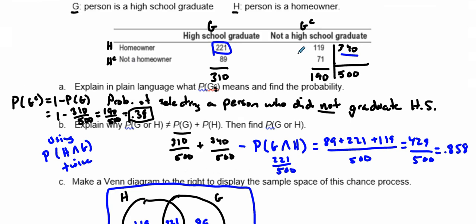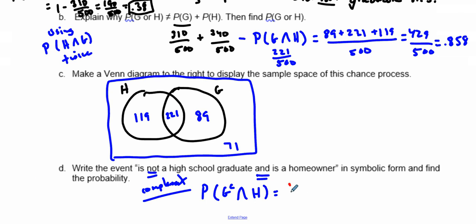Now let's find this probability. Not high school graduate and homeowner: that's 119, and that's going to be 119 over 500. So for this event to occur, the probability according to our sample is 0.238. And that is what we have.